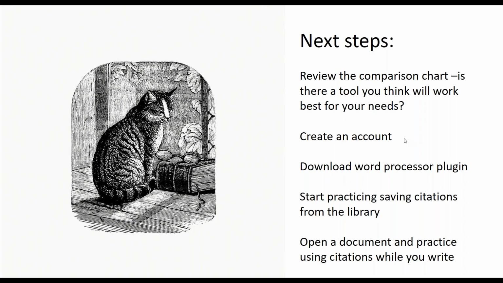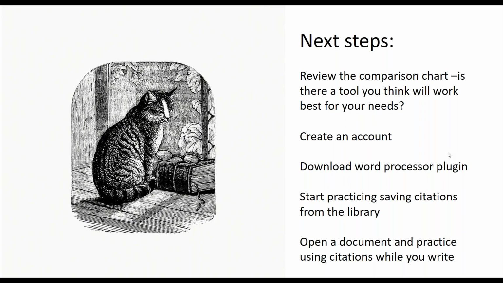It just takes a few steps to create an account, and then download the word processor plugin that comes with that account. I just showed you how to do that in RefWorks, but it's fairly similar in some of these other tools as well.